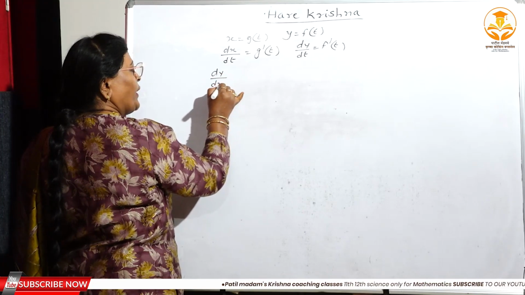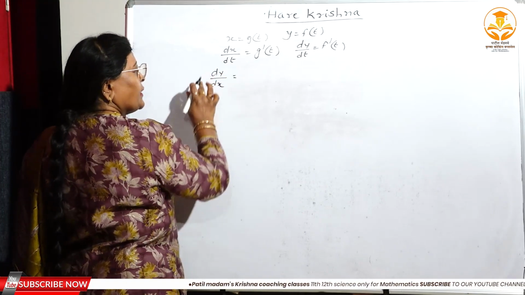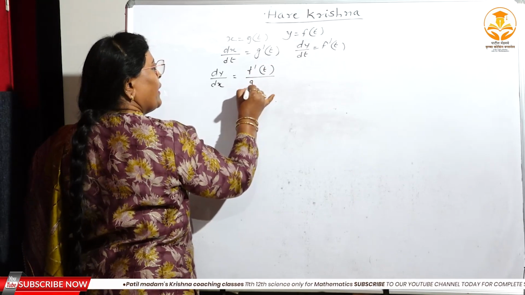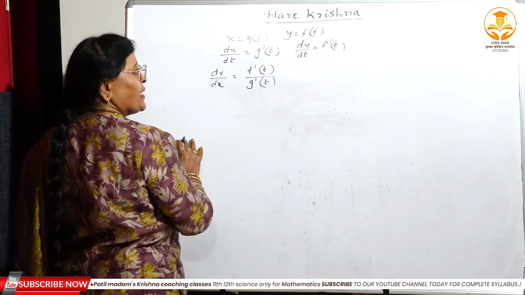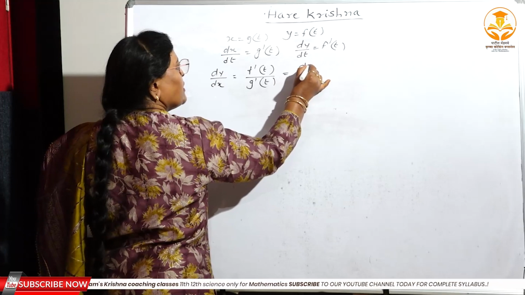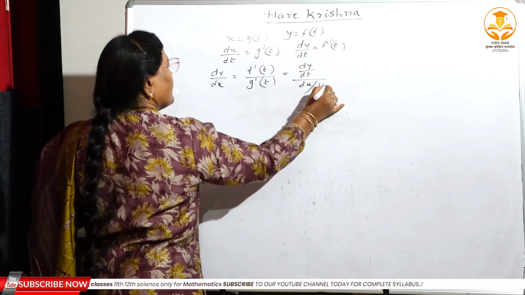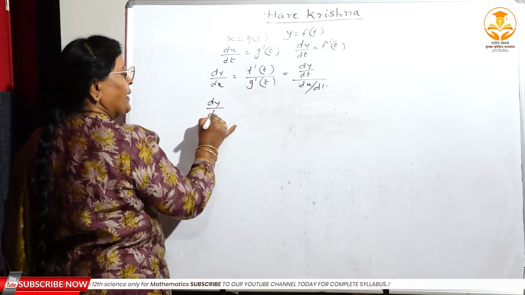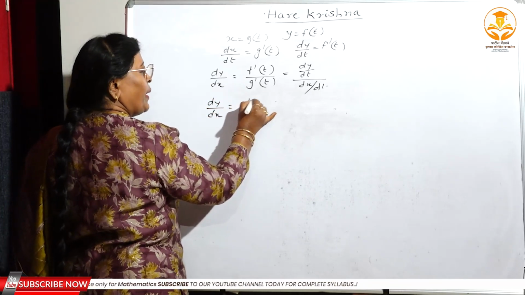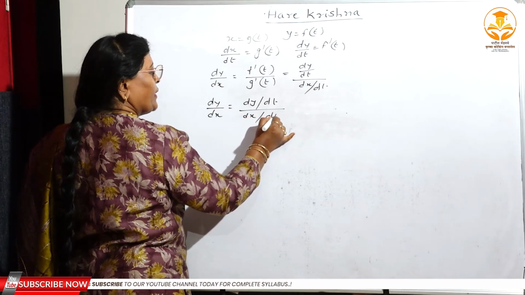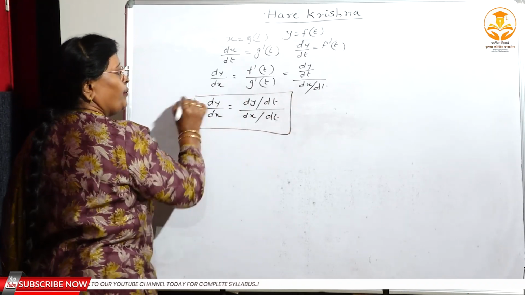But we want to find the derivative with respect to x, therefore dy/dx = f'(t) divided by g'(t). This you can write as (dy/dt) divided by (dx/dt). Therefore remember, dy/dx is always equal to (dy/dt) divided by (dx/dt), right? So this is the theorem, isn't it?